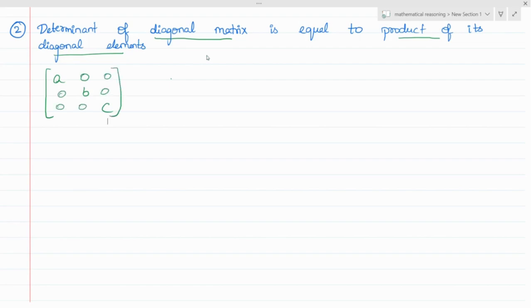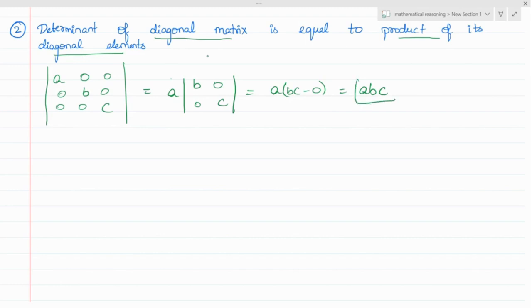So when you calculate its determinant, how will we do this? a11, that is a, times M11, which is b 0 0 c, as a12, a13 are 0 and 0, something you multiply with 0, you'll get 0. So from here we can write it as a·bc minus 0, which is nothing but abc. So when you take the determinant of a diagonal matrix, this is equal to the product of its diagonal elements.